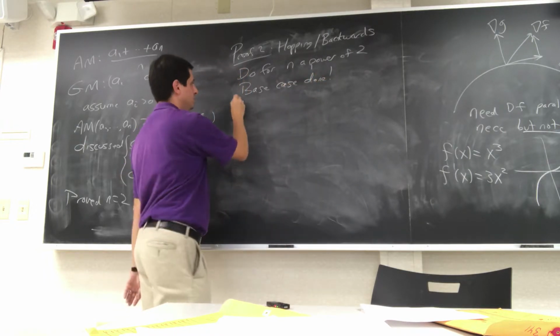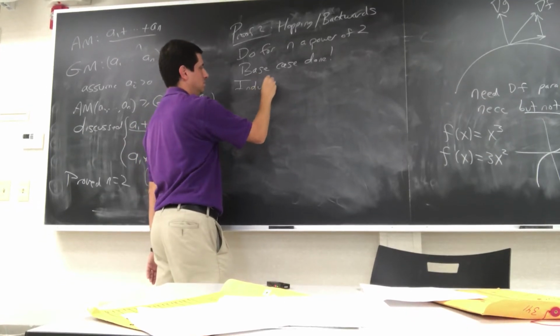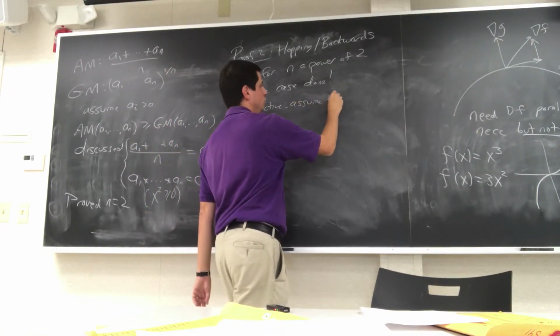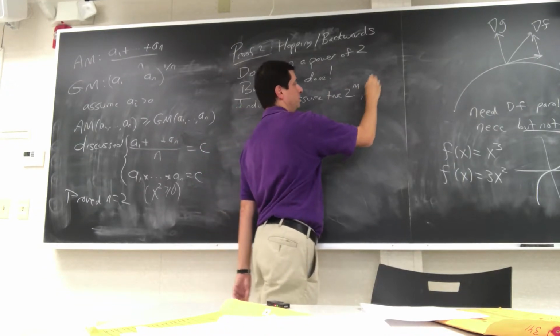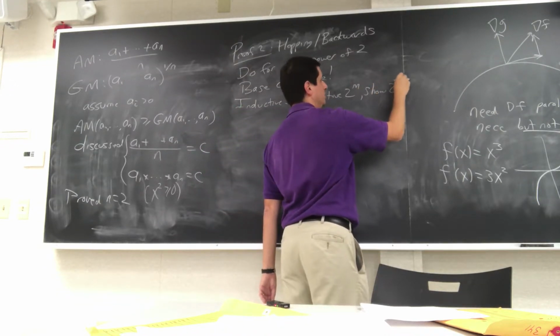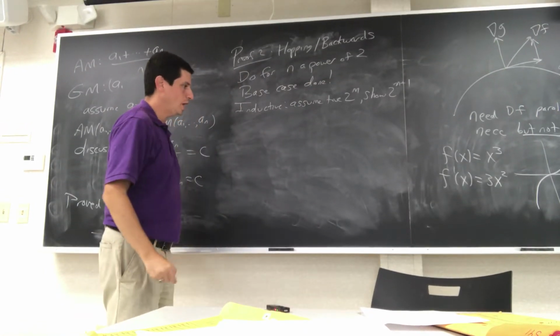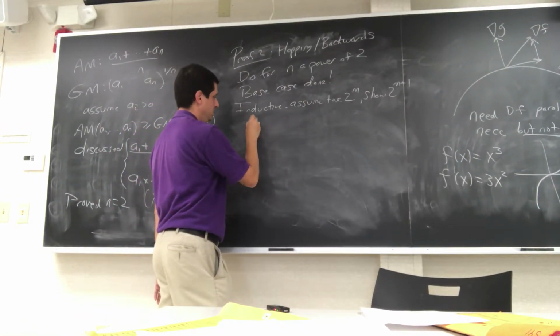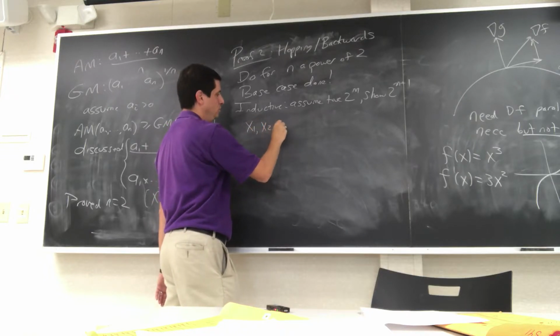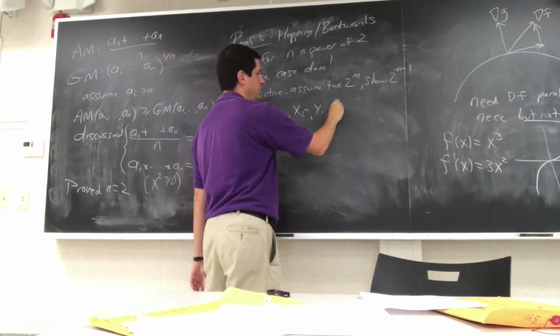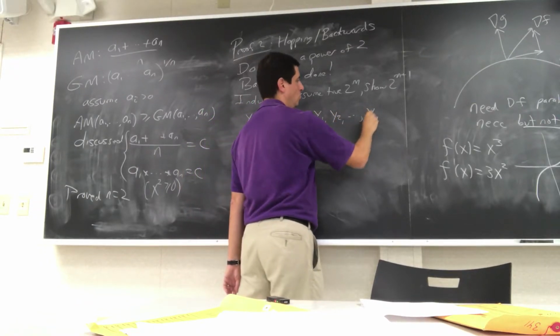Now let's do the inductive step. So assume true for 2 to the m, show 2 to the m plus 1. Right. So I'm going to write my number as x1, x2, through x_{2^m}, y1, y2, through y_{2^m}.